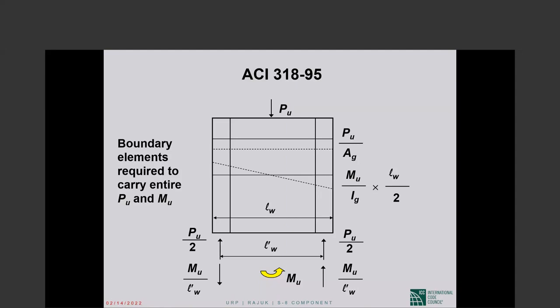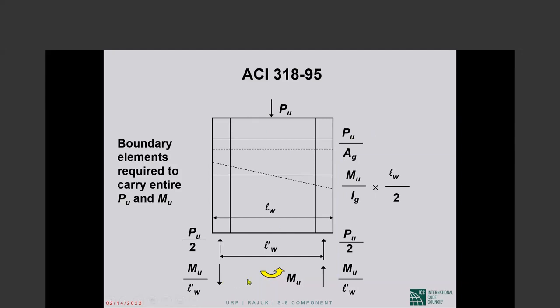It is not the weight of the shear wall. It is all the load that is being dumped onto the shear wall by the floor slabs that are supported by the shear wall. We take the P sub u, divide by the gross cross-sectional area of the section. That gives us a uniform compression of P sub u over A sub g across the shear wall section.